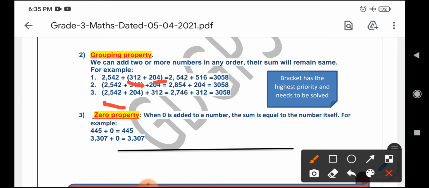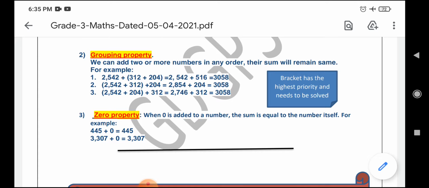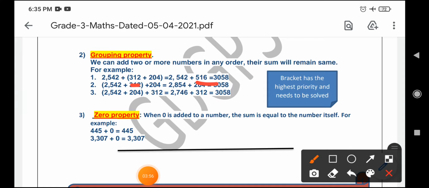We can add first and third number, then to the sum the second number. Like I may show you here: 2542 plus 312 plus 204. Here I have added the second and third number to obtain a sum of 516. This will give me 516. Then I have added the first addend and this gives me sum of 3058.